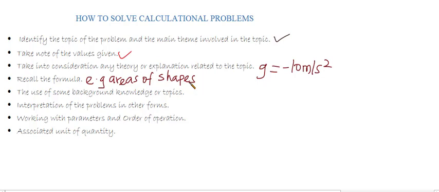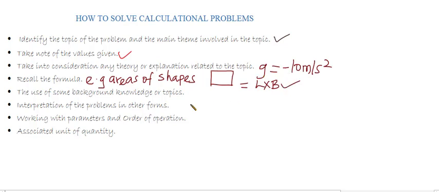The formula for the area of a rectangle is equal to the length multiplied by the breadth. So you can just work with your values given and get your final answer straight ahead. This is another scenario whereby you don't have any theory, you just have to remember the formula of that calculational problem, take it into action and solve for your answer. So that's that about recalling the formula.